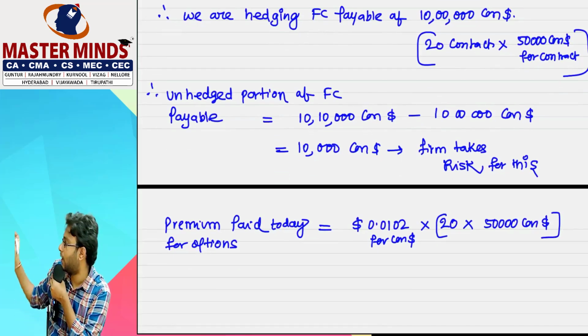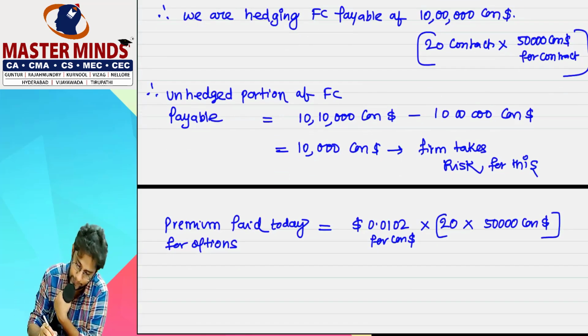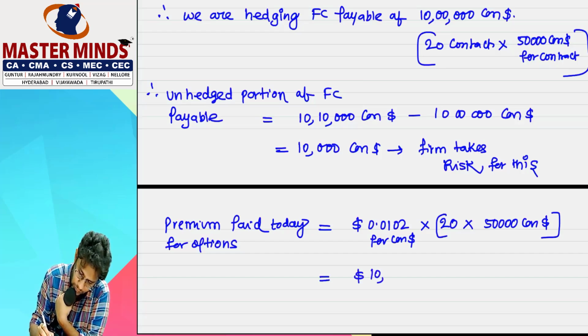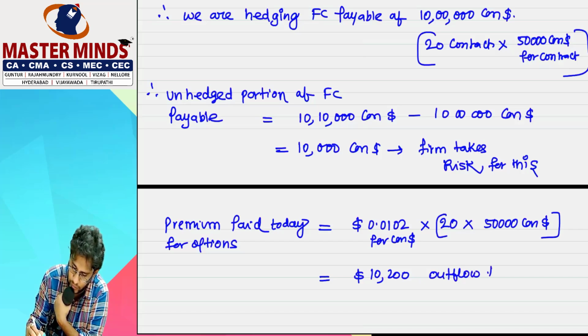So on 10 lakh CAN dollars, this much amount, 10,200. Okay, this is the outflow today.